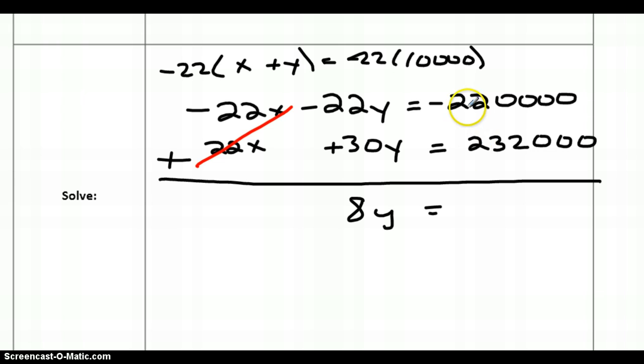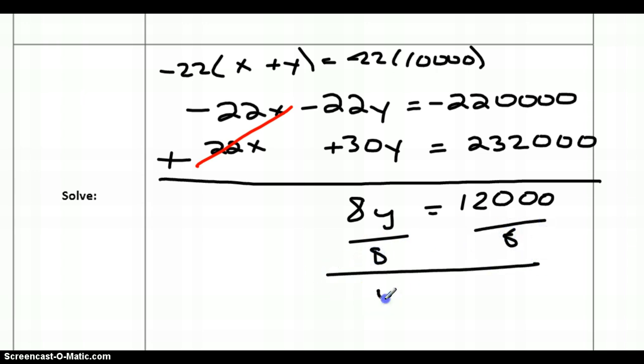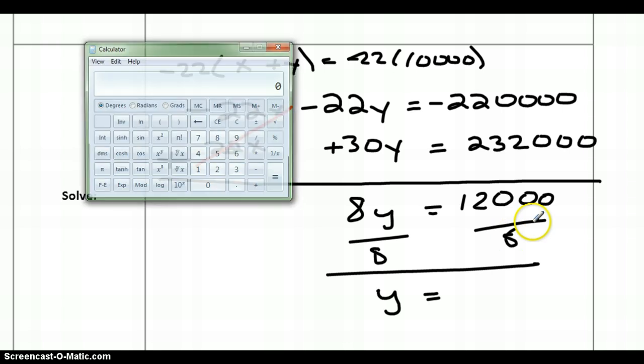Okay, so I've got 2 minus 2, 3 minus 2 is 1, 2 minus 0 is 2. I'm just getting my subtraction down right. It looks like I should have 12,000. Divide both sides by 8. And so 8 goes into 12,000. I don't know. I'm not going to try doing it in my head.